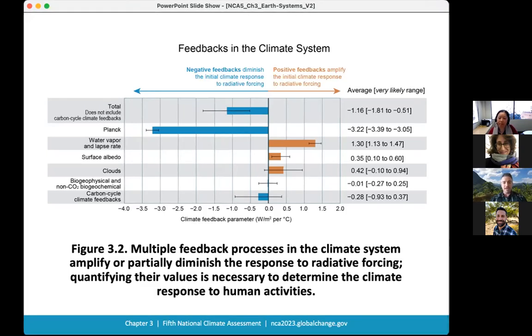And so we've been able to really improve this estimate of the climate sensitivity based on things like this better understanding of feedbacks, the process understanding, as well as then understanding how state dependent those feedbacks are.